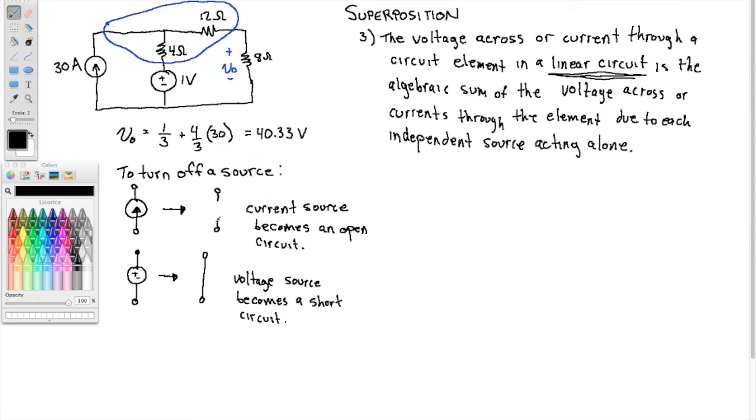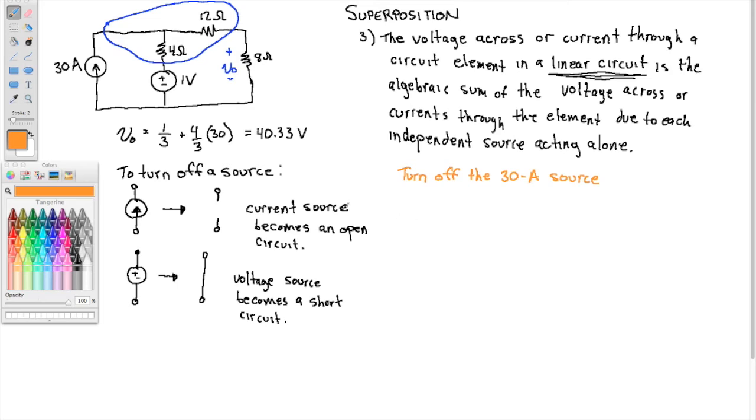Let's now turn off, and I can pick either one. The order doesn't matter. Let's turn off the 30 amp source.